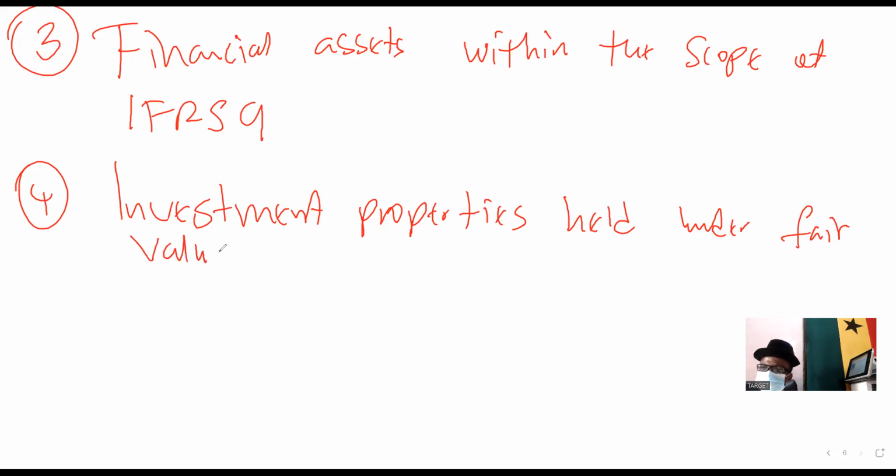So all this held under fair value model, and that is IAS 40, talks about that. You must know all these, the standard that talks about them. And then we'll move on with the game.